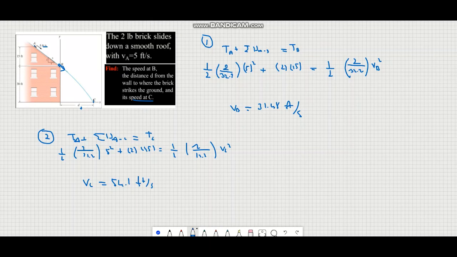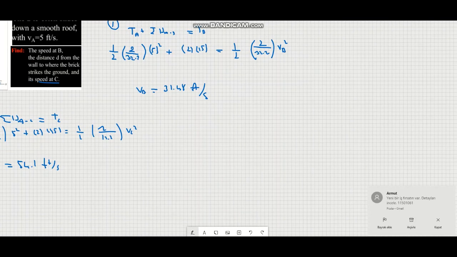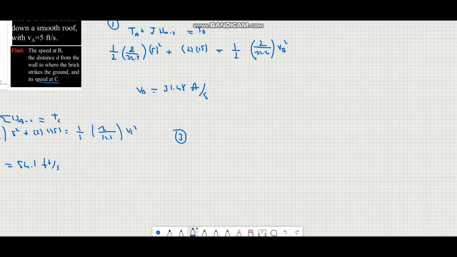Okay, we found the speed at C. We need to find the distance D by using our kinematics knowledge. Let's draw a graph.